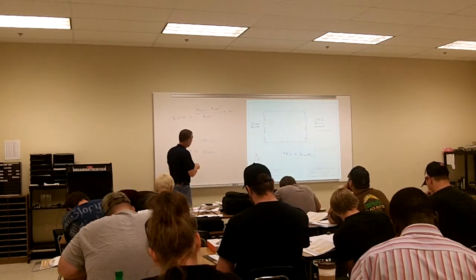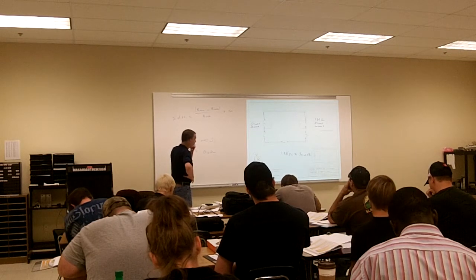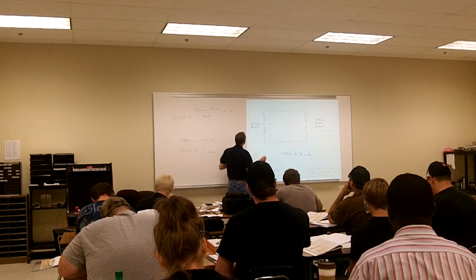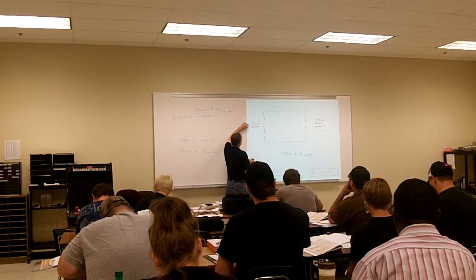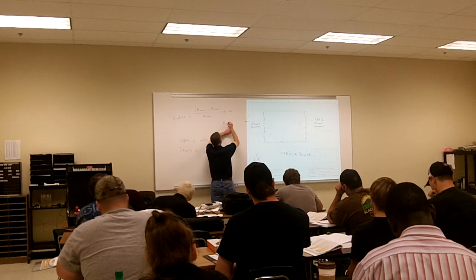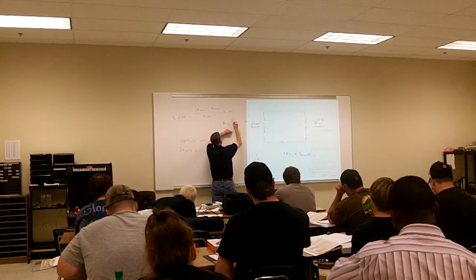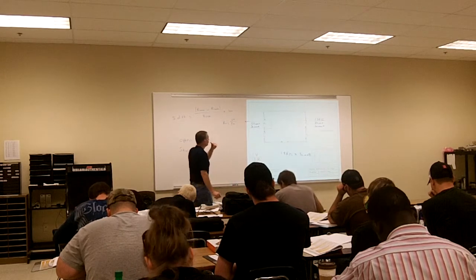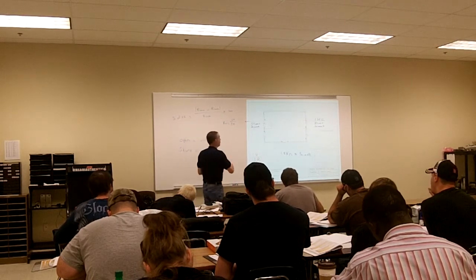All right, so what can I do next then? Yeah, so I can figure out RT. RT is just going to equal VT over IT. And I get what? 1.8 kilo ohms.